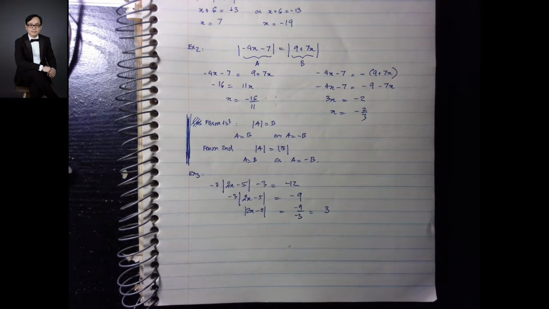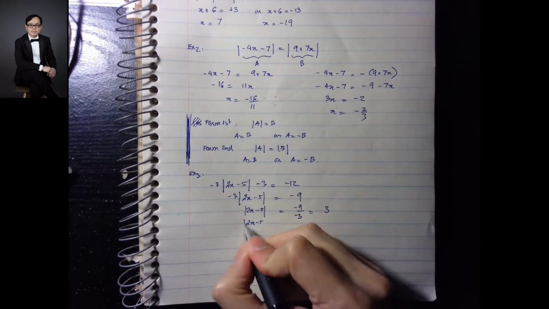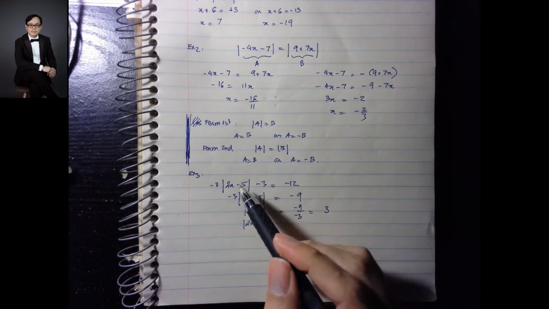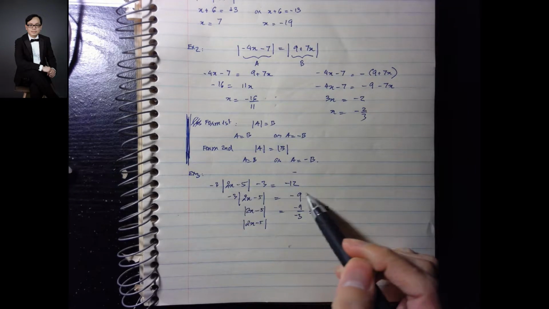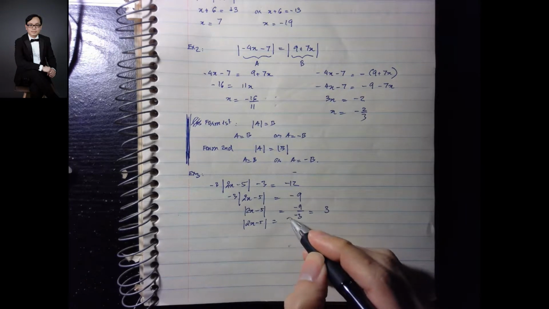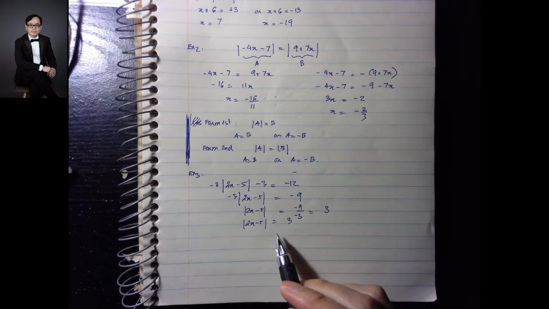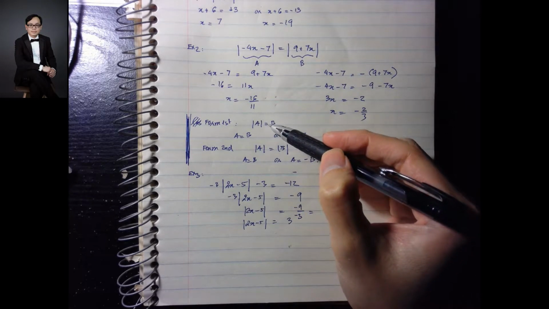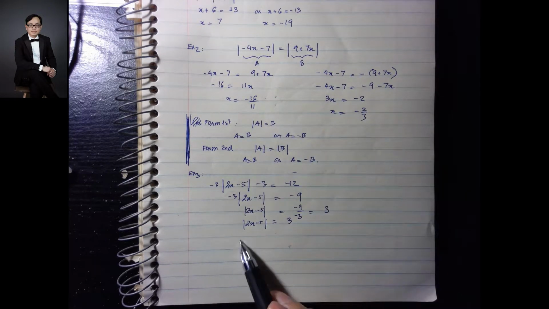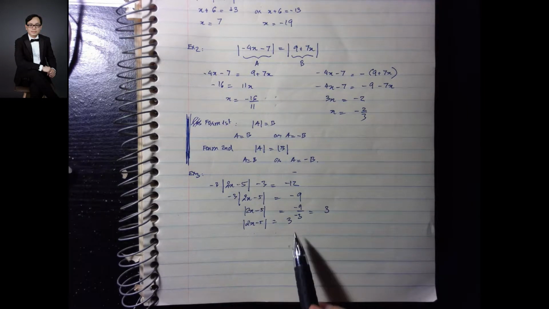Look at that. The pretty complicated equation at the beginning, now I've simplified to this equation. And the good thing about this equation is it is the first form. A is 2x minus 5 and B is 3. And because it is the form absolute of A equals B, now I can solve for it.